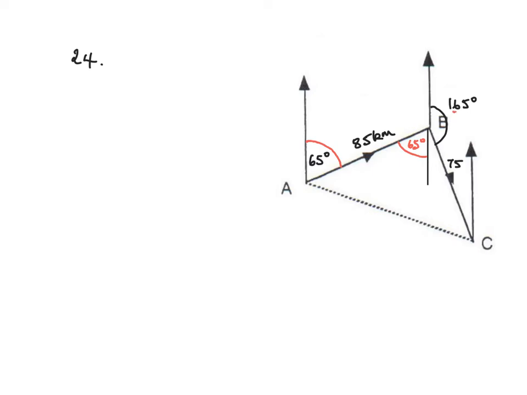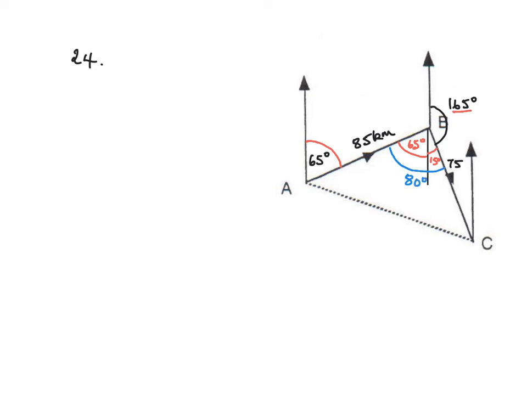We know that this part of the angle is 165, so to complete 180 we would add on 15 degrees. So I hope you can see that the angle inside the triangle is 80 degrees.